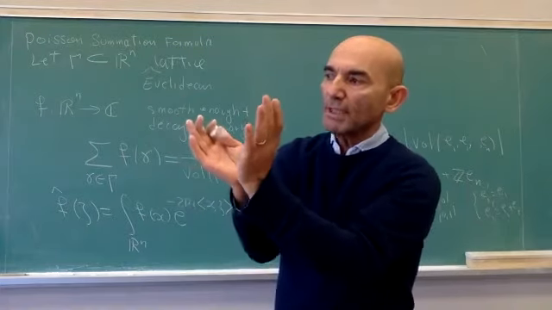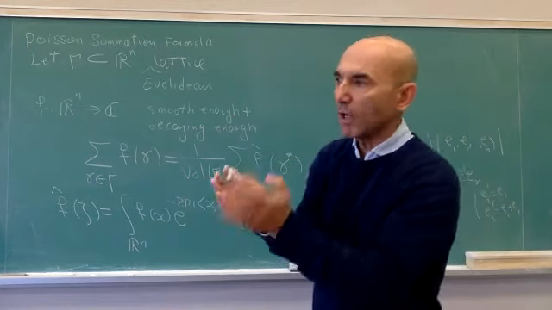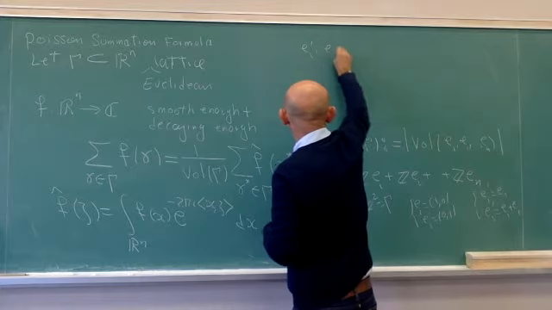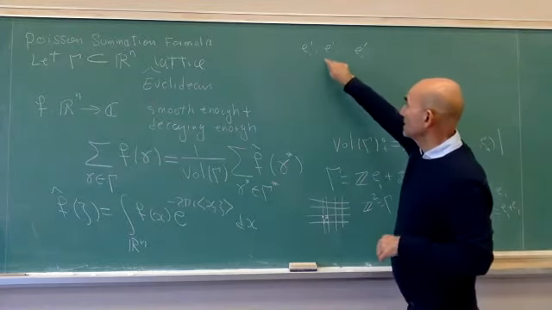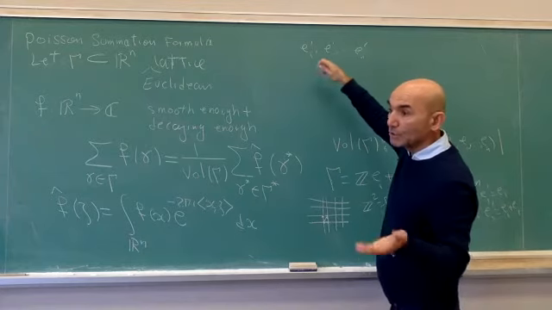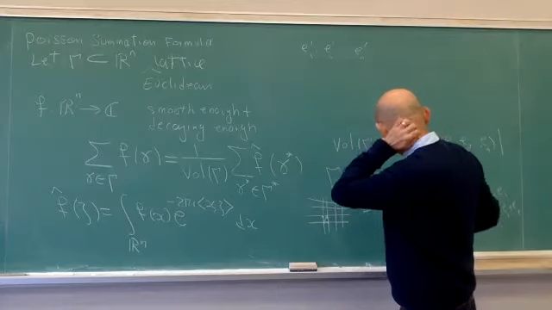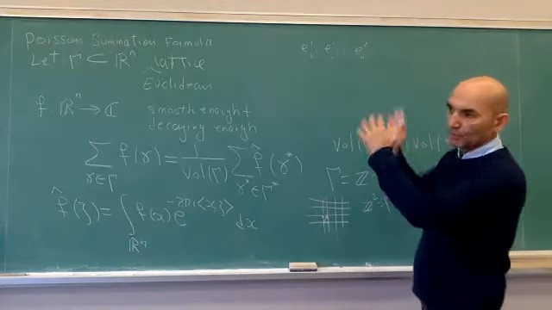So the reason is this. Imagine you have another basis, E1 prime, E2 prime, ..., En prime, for your lattice. This is still a basis for Rn too. So basically what happens is that there exists a matrix that takes this basis to the other basis.